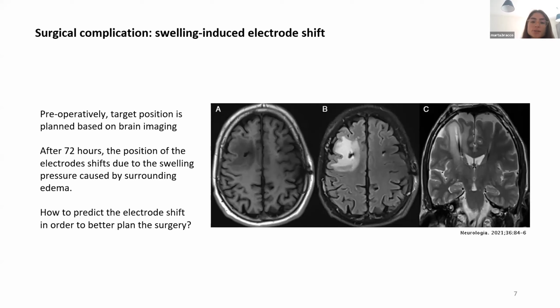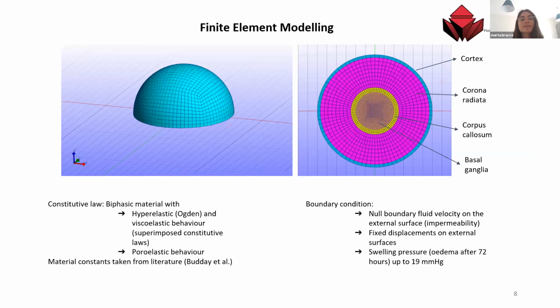So we wanted to find a way to predict the electrode shift and possibly to propose a way to avoid this problem, or to estimate if this problem can really affect the surgery. So next slide, please. Thank you.